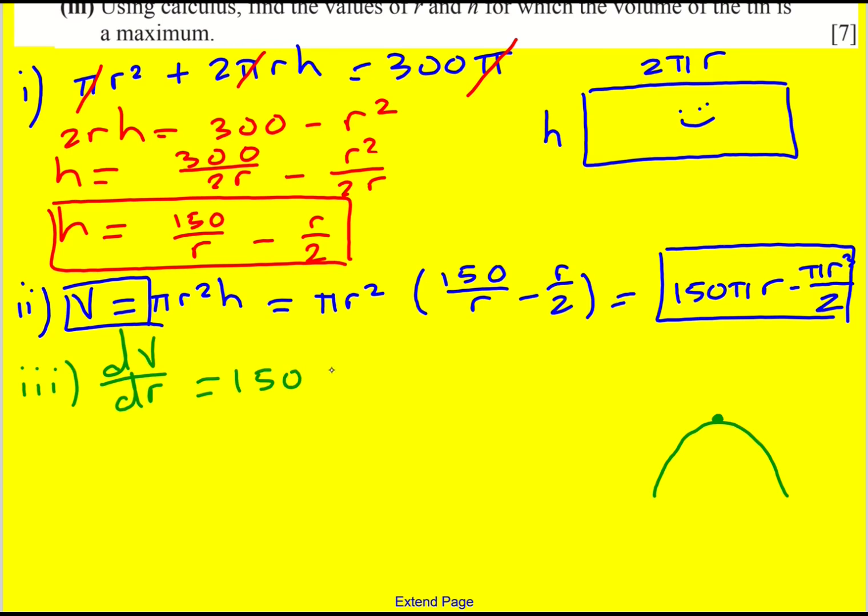It's going to be 150 pi minus, and differentiate this, the r cubed is going to differentiate to 3r squared. Actually, all the rest are just constants. So pi times 3r squared over 2. And then that is going to equal 0 with stationary points.